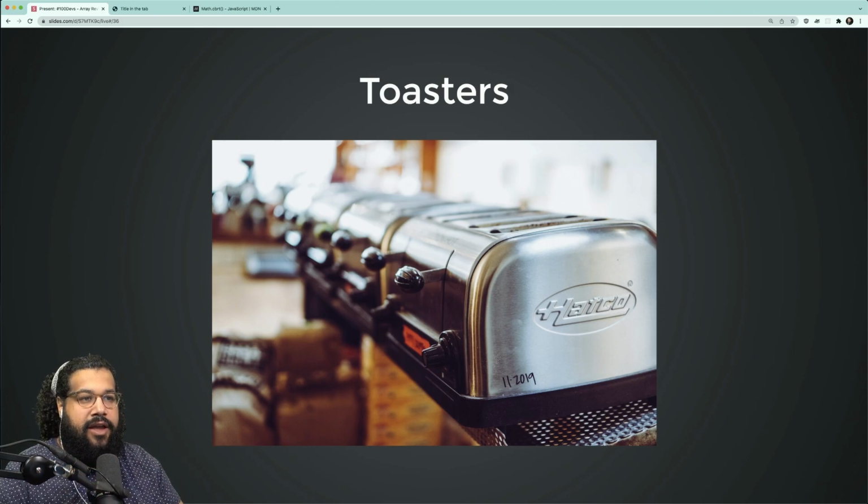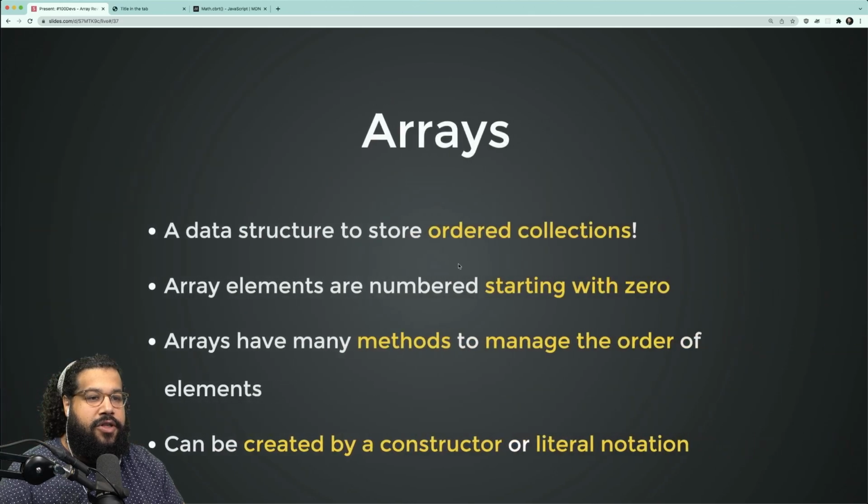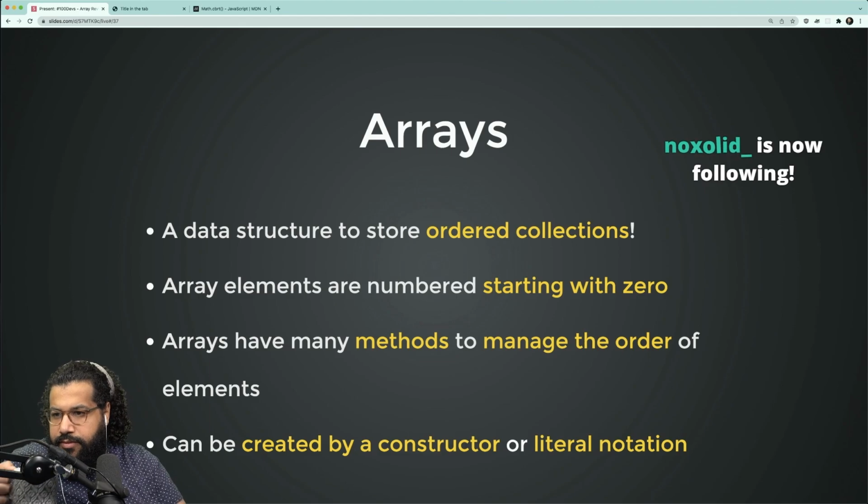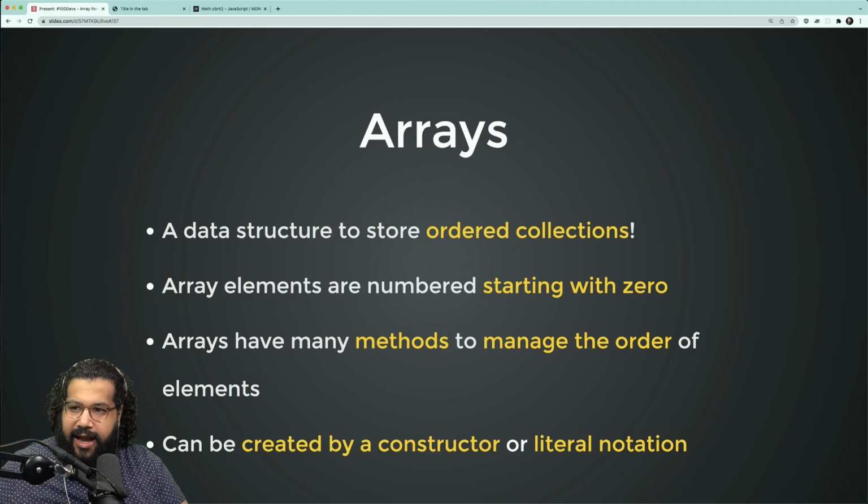If we break that down a little bit further, an array is technically a data structure. It's a way of storing an ordered collection. When I say ordered collection, what do I mean? Yeah, it comes with indexes. It starts at 0.